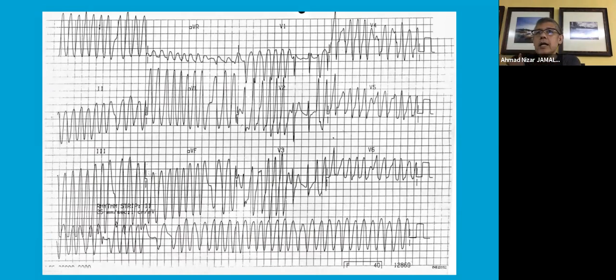When the patient is in sinus rhythm and you only see intermittent delta waves, which means there is only intermittent pre-excitation, that means that, generally speaking, this accessory pathway is benign because it doesn't conduct very fast.